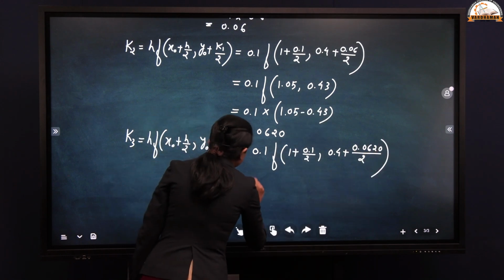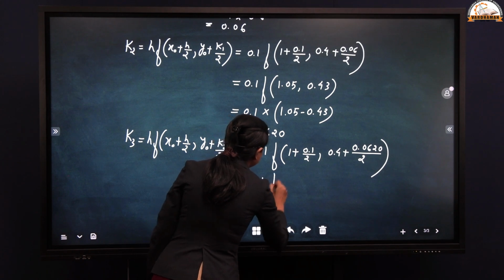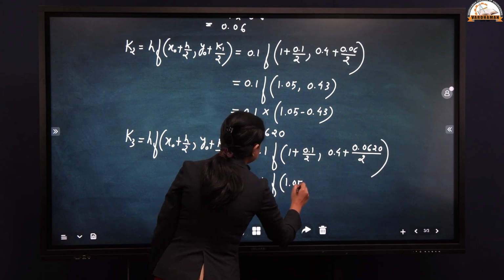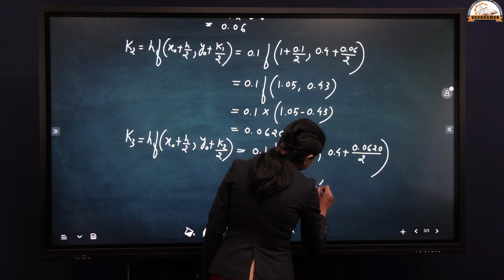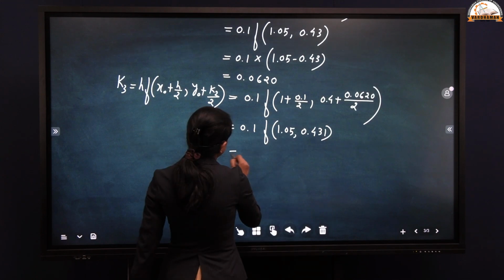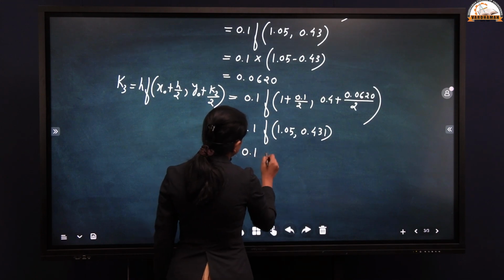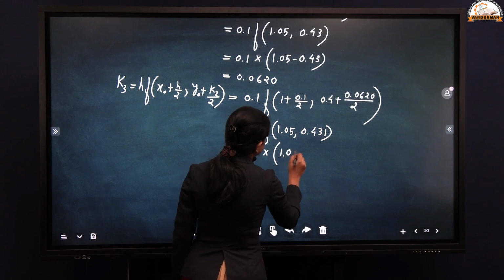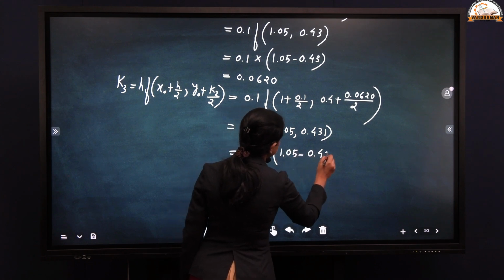We will get 0.1 into f of 1.05, comma, 0.431, which is equal to 0.1 into 1.05 minus 0.431.